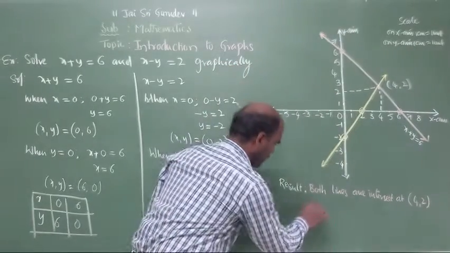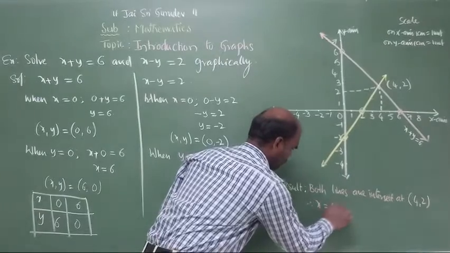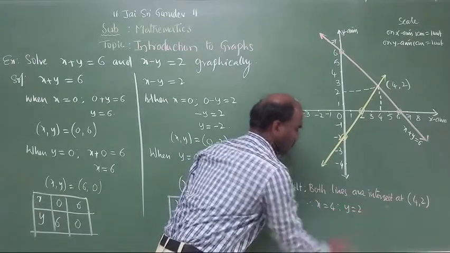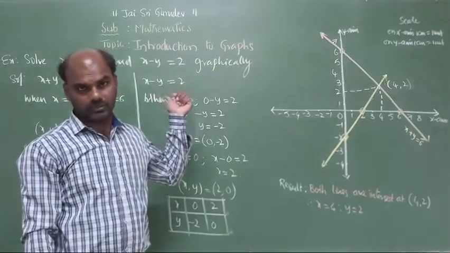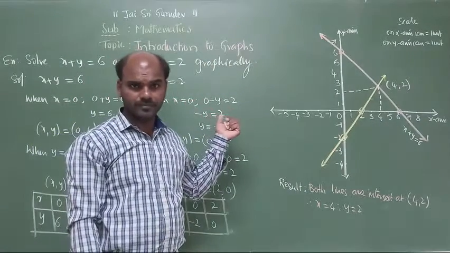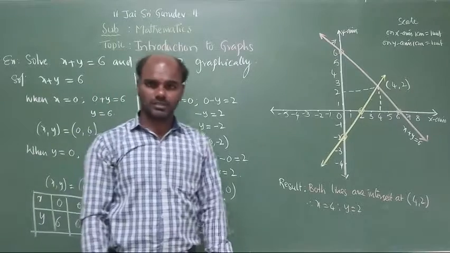Therefore, x is equal to 4 and y is equal to 2 is the solution of our equations. Do you children understand now? I hope you are all understanding this concept.